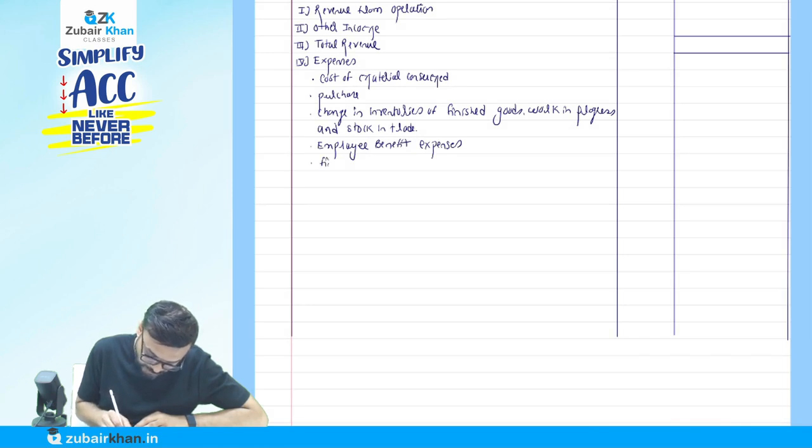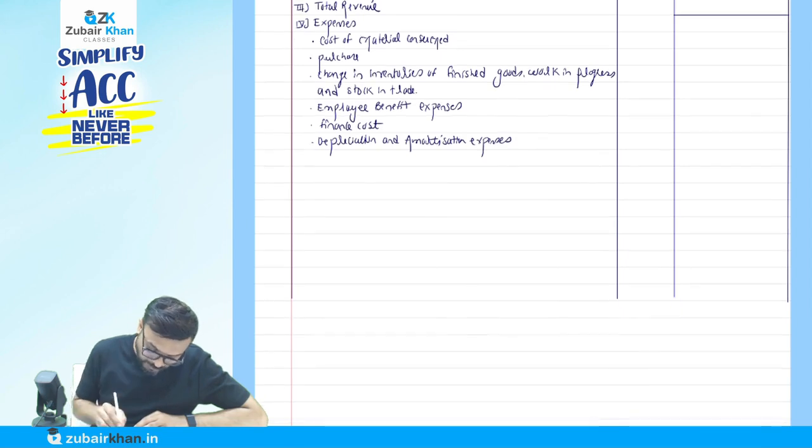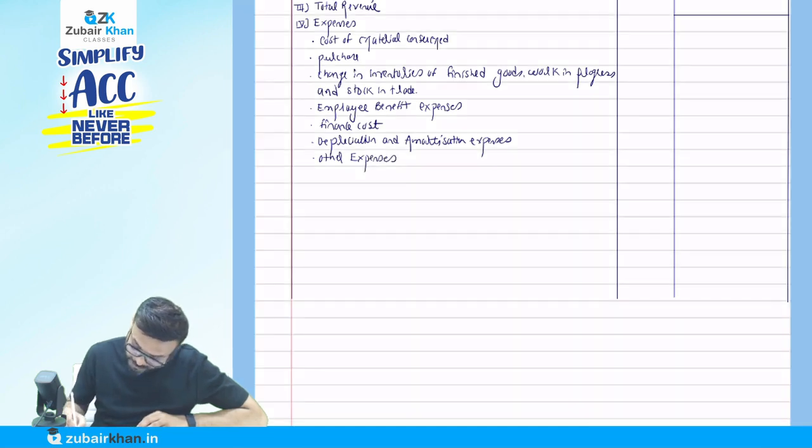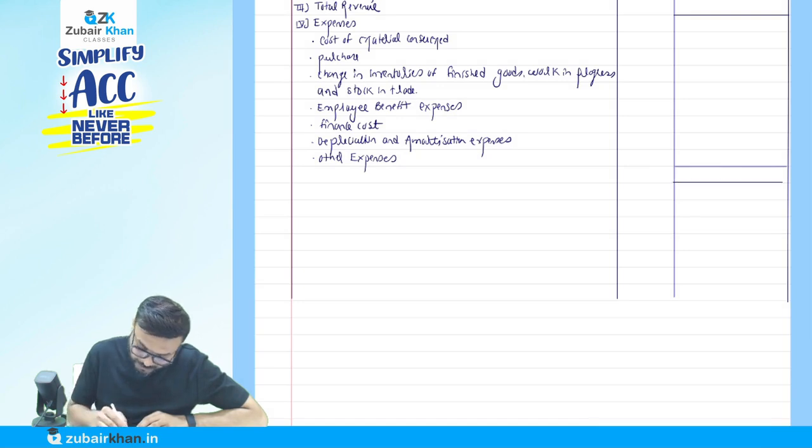Then finance cost, depreciation and amortization expenses. Then we have other expenses. Okay. Then here we'll do the total expenses. Total expenses. Okay.